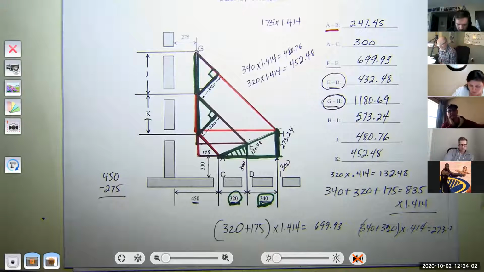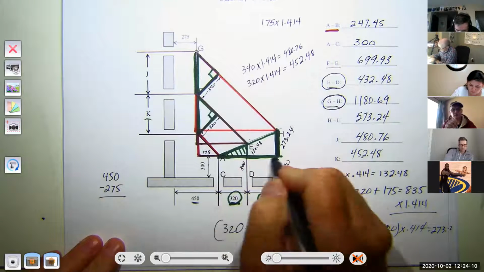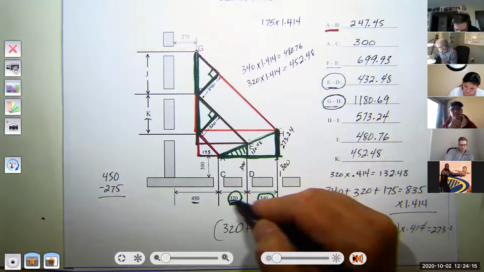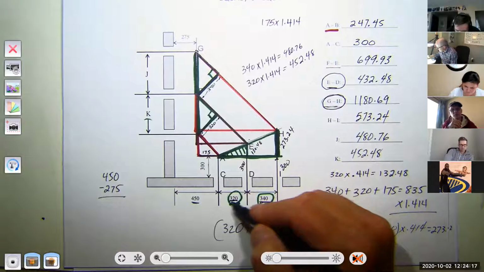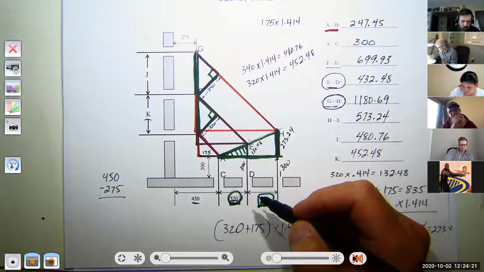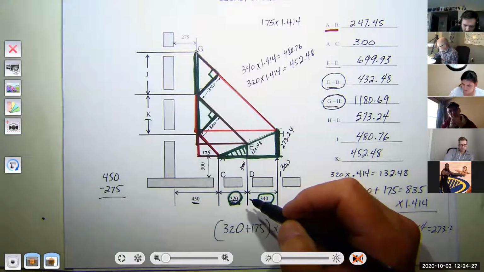Hey, Doug. Yes, sir. That angle, that 22.5, right here. If that 320 changes between C and this one, if it's a different number, would the angle change? No, this is a run.